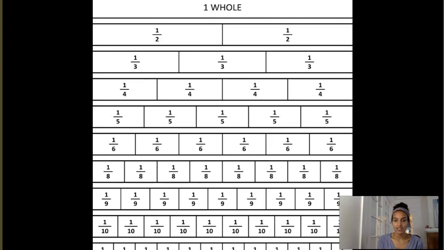Okay, let's find an equivalent fraction to 2/3. And I do 1, 2. So I see which fraction it lines up with perfectly. So let's see if you can do that.